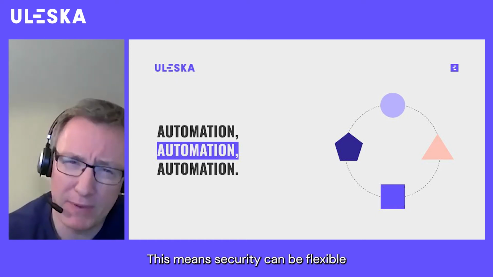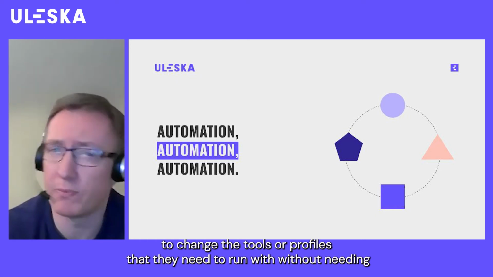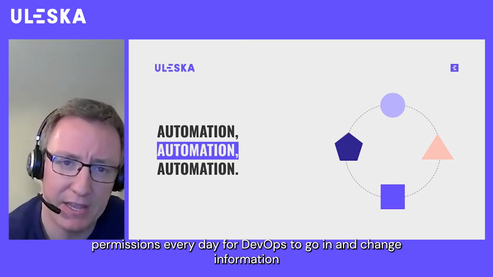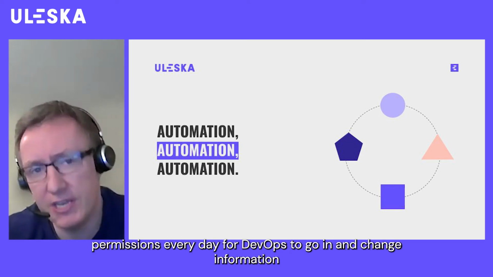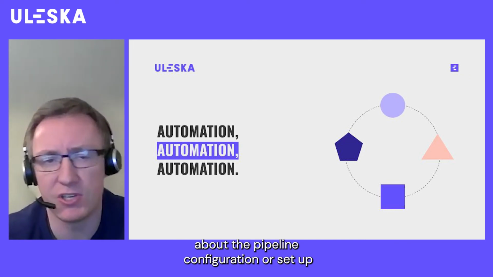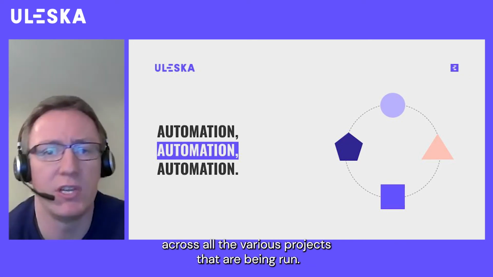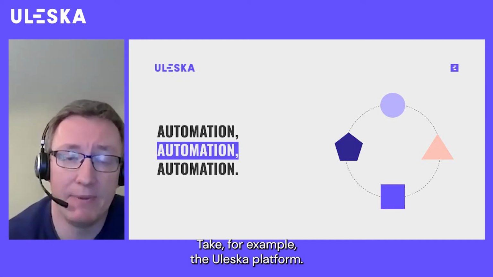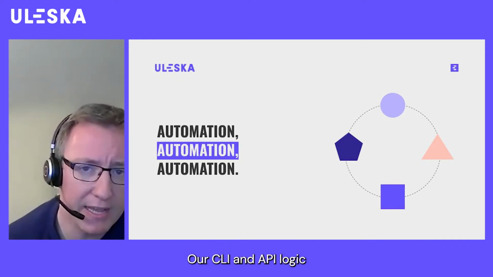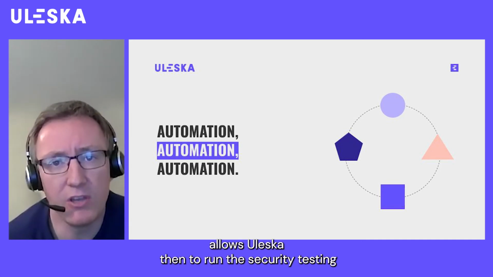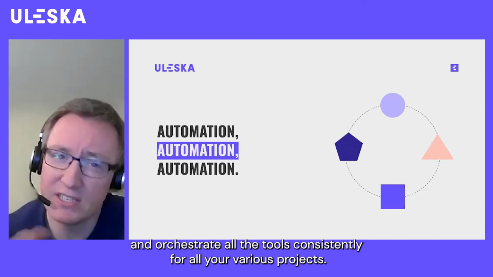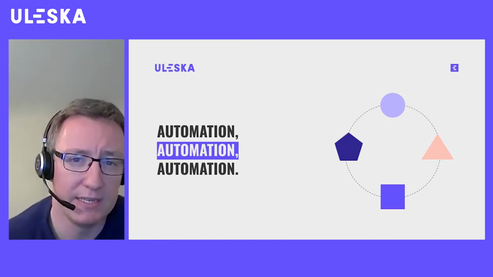This means security can be flexible to change the tools or profiles that they need to run with, without needing permissions every day for DevOps to go in and change information about the pipeline configuration or setup across all the various projects that are being run. Take, for example, the Uleska platform. Our CLI and API logic allows Uleska to run the security testing and orchestrate all the tools consistently for all your various projects.